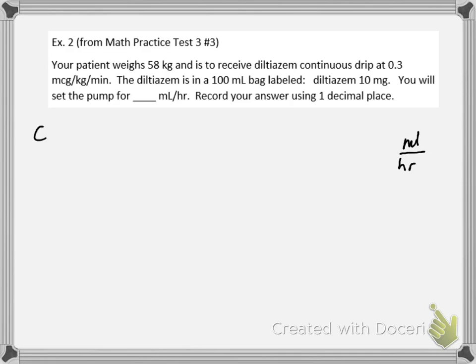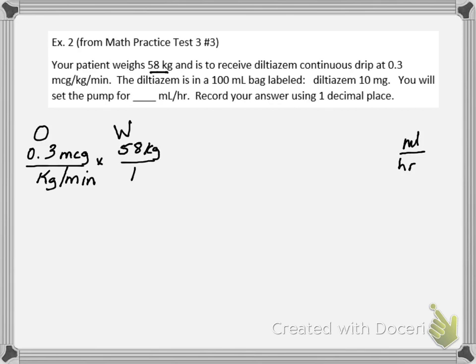So let's start with our O. What is the order, or what is the patient receiving? And that is 0.3 mcgs per kg per minute. Then I go to the W portion of my OWAT, and the weight is right here, 58 kgs.